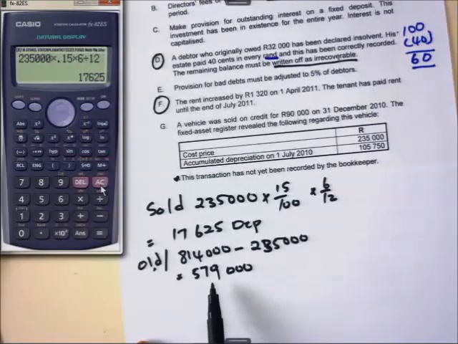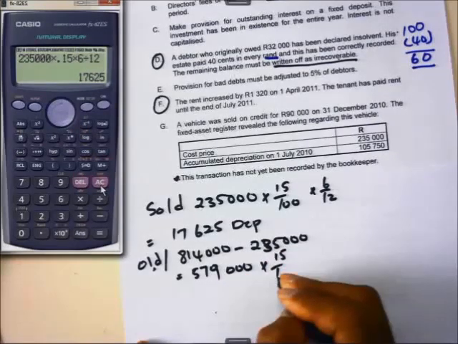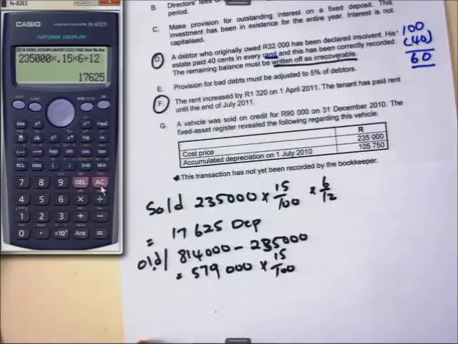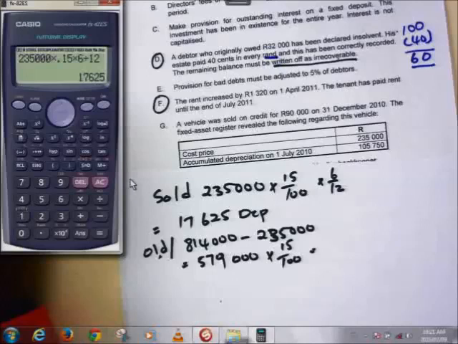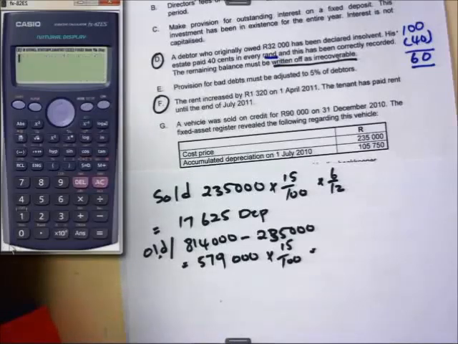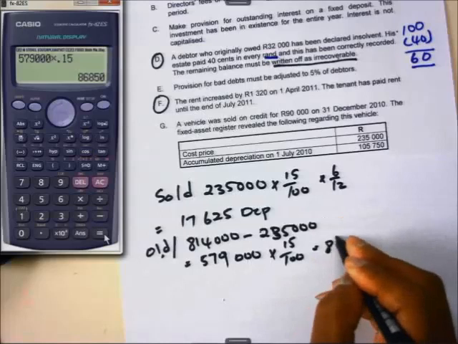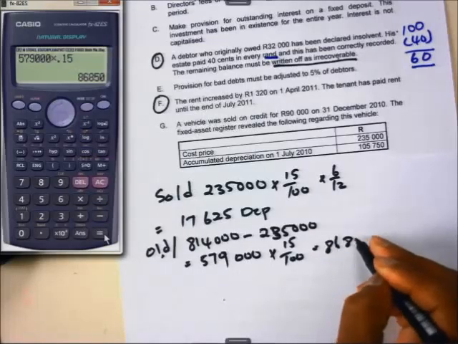We are now left with 579 as our assets, multiplied by the depreciation rate 15% over 100, and we had that for the whole year. So let's quickly use our calculator. We'll say 814 minus 235, and then we get 579,000. Then 579 multiplied by 15 divided by 100 gives us 86,850.